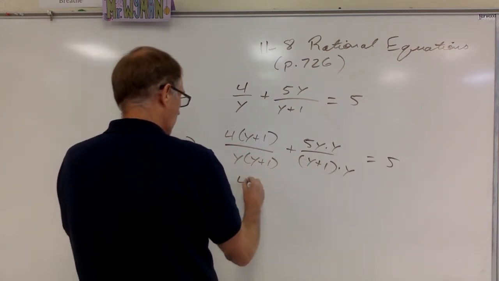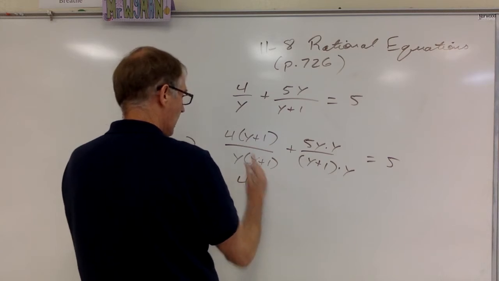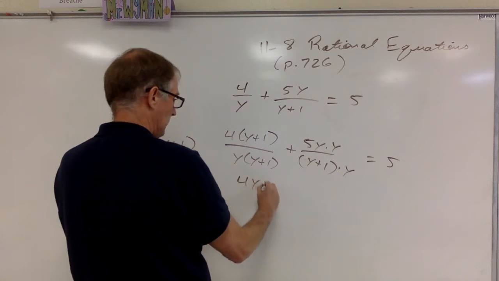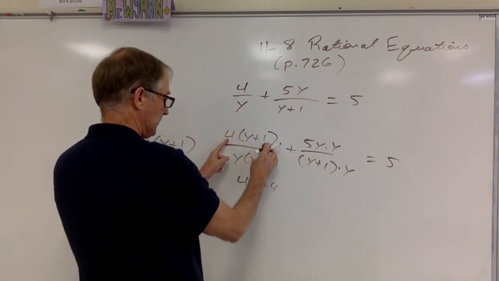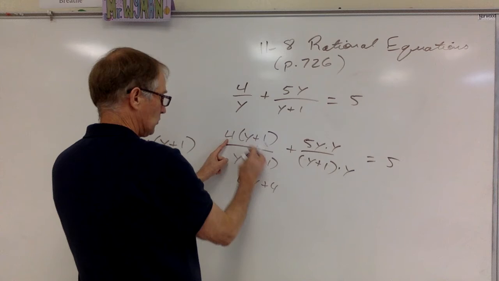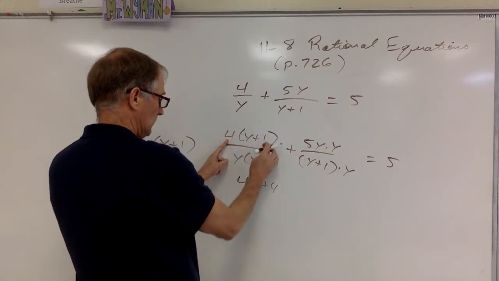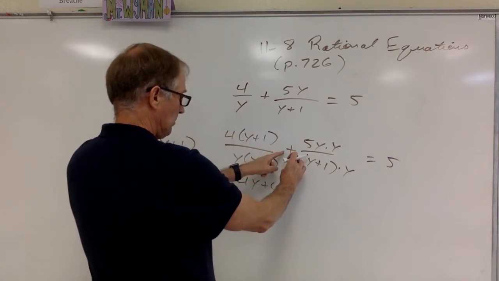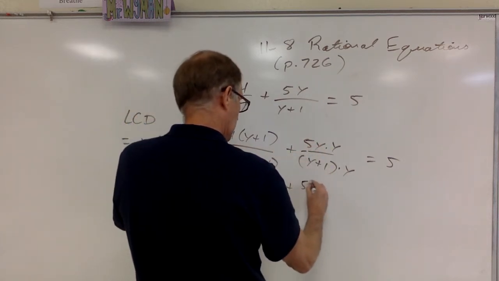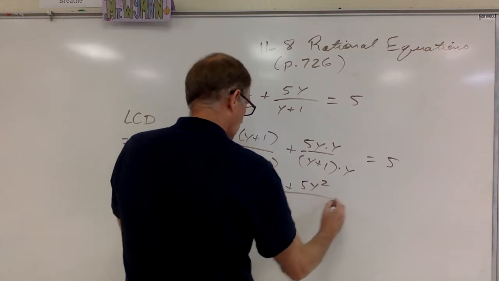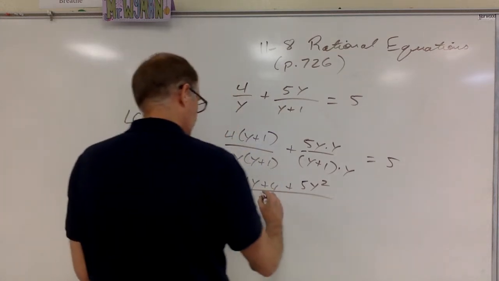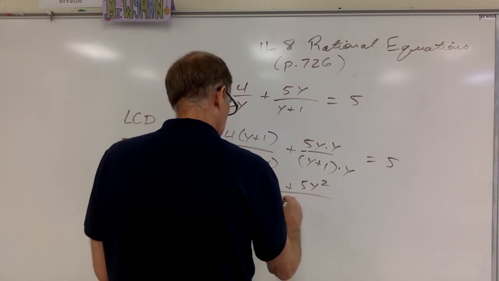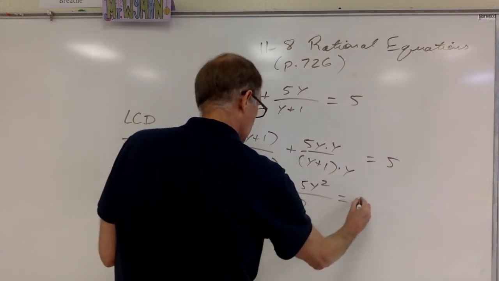So we get 4 times y plus 1, 4y plus 4. I just distributed the 4, got rid of the parentheses. Plus 5y squared, I'm going to have to rearrange that, all over y times y plus 1 equals 5.